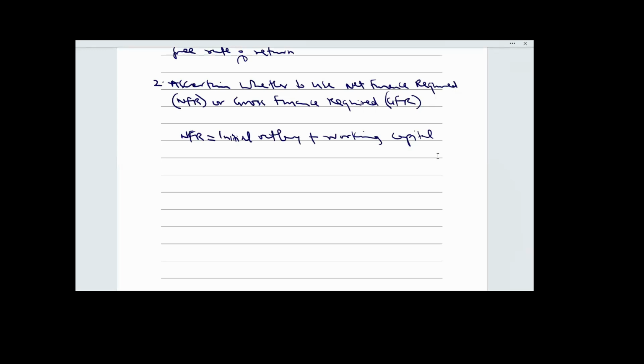It is assumed that the subsequent working capital will be financed with the cash flow generated by the project. So that's the assumption. Then the gross finance required will be computed as the net finance required divided by 1 minus issue cost rates. So that will give you the gross finance required.